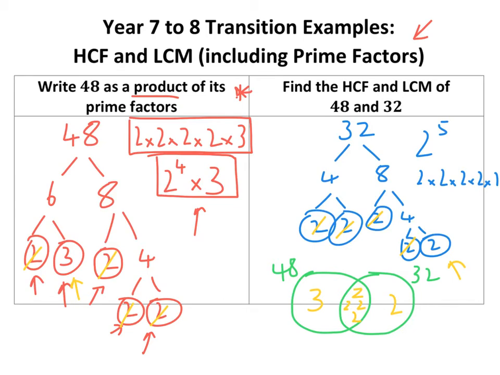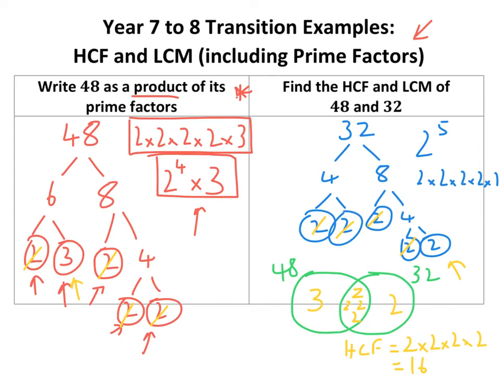Now the highest common factor are the bits in the middle, so where am I going to put this? I've run out of space. Highest common factor is going to be the bits in the middle because they're common to both. 2 times 2 times 2 times 2, which is 16. Right, and I just better change colour again.